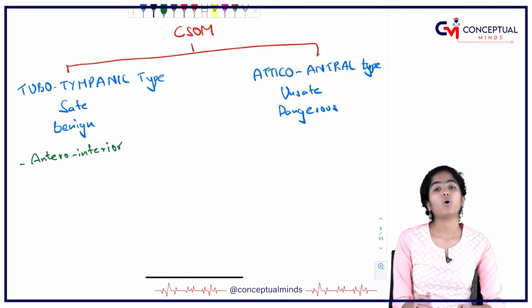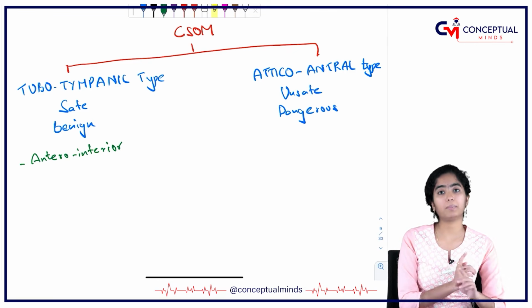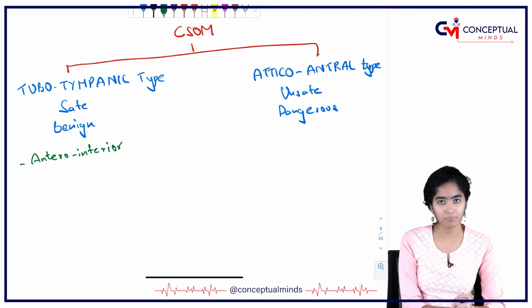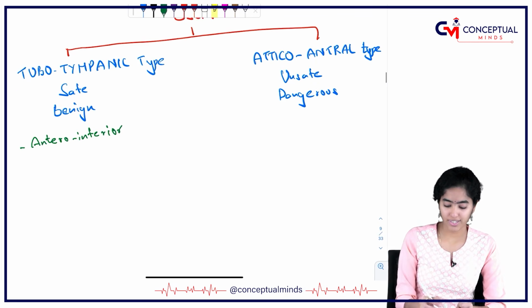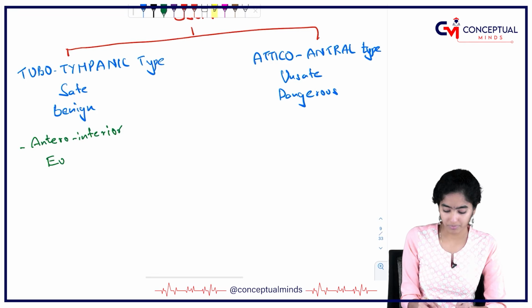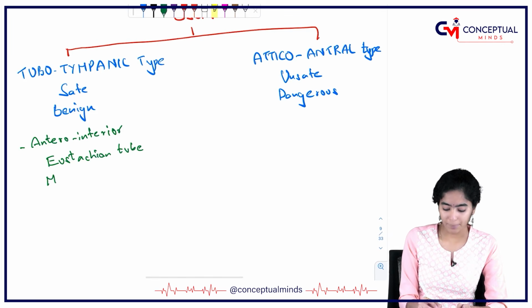Antero-inferior area. What is present on the anterior aspect of middle ear? If you remember the boundaries of middle ear anatomy, on the anterior side we have the eustachian tube. So, tubotympanic type involves the eustachian tube, which is present antero-inferiorly. Along with that, the mesotympanum is also involved.